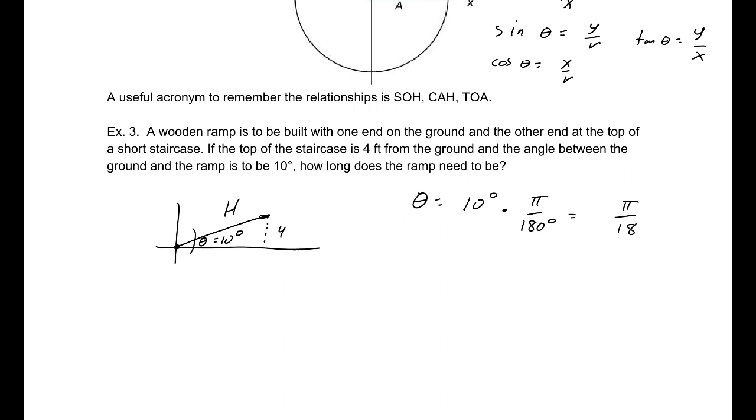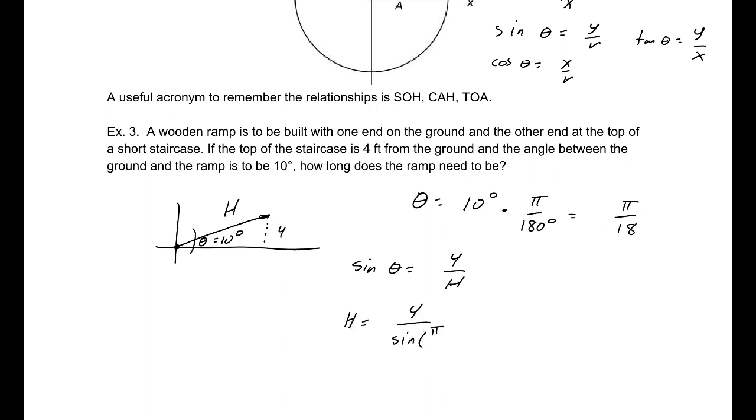Okay, so we can set up an equation which is sine theta equals opposite over hypotenuse. That would be 4 over h. Solving for h, 4 over sine, and we're going to substitute for theta.